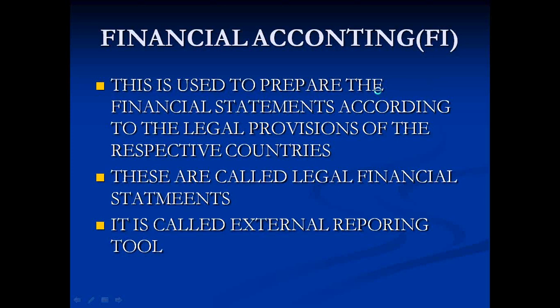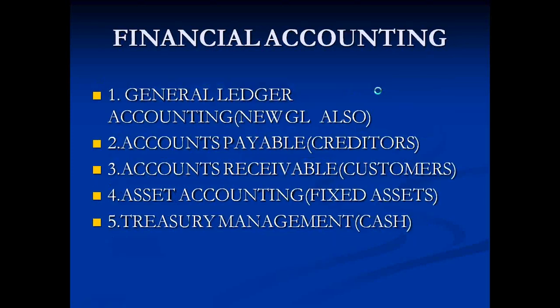Under the FI component, we have some submodules, such as general ledger accounting, which includes new general ledger accounting also. In the current version of SAP, the SAP company has developed three new functions: document splitting, parallel ledgers, and segmental reporting. These three new topics together are called new GL. We are going to cover the new GL also in our training classes.